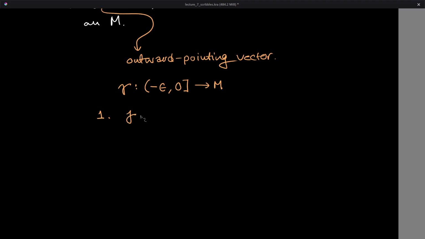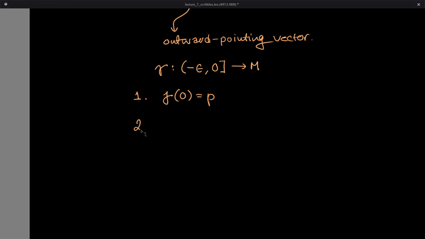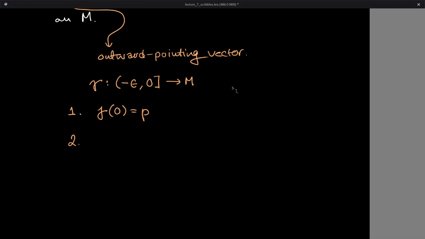So gamma of 0 is equal to p. That's pretty standard for us. Basically, let's graph this. This is the boundary, and this is the interior of the manifold. Let's say that we have a curve that goes like this, and that's the endpoint of the curve. That's p over there, so this is where gamma is equal to 0.